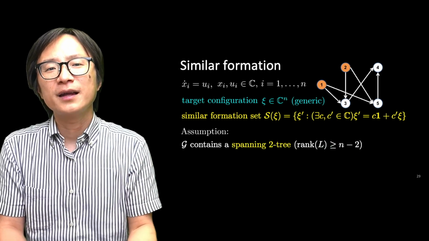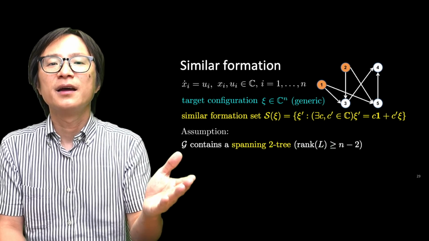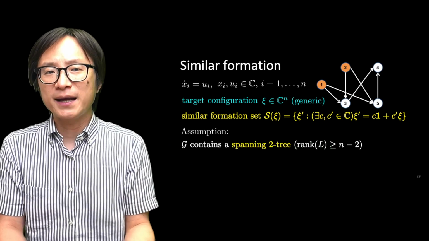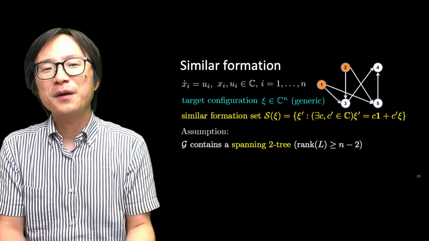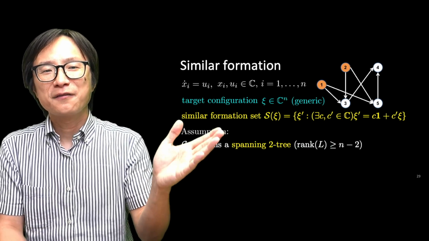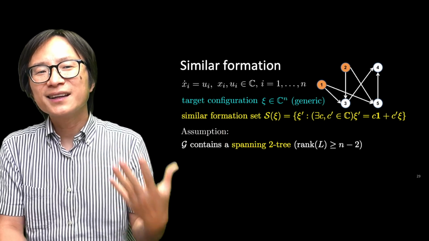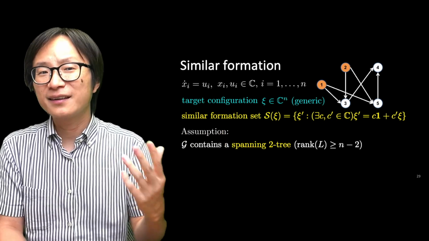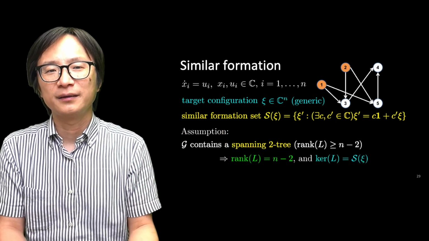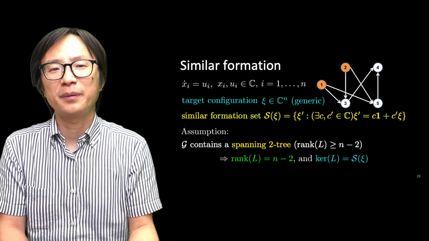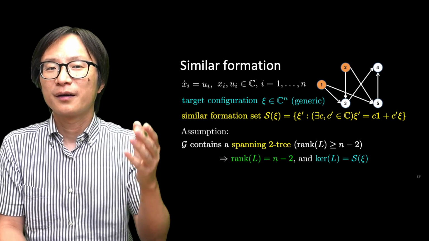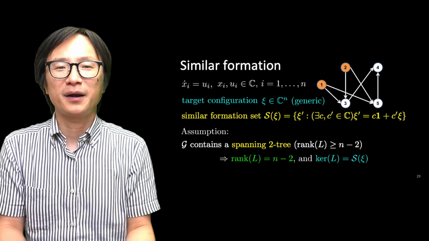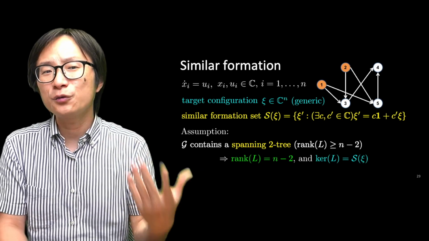At this point, let's bring in the key assumption that the graph G contains a spanning two-tree, because that we know implies the rank of the complex Laplacian is at least n-2. That leaves only one possibility, namely the rank of the complex Laplacian is exactly n-2. So the kernel of the complex Laplacian is exactly two-dimensional.